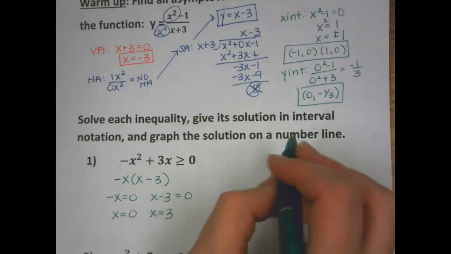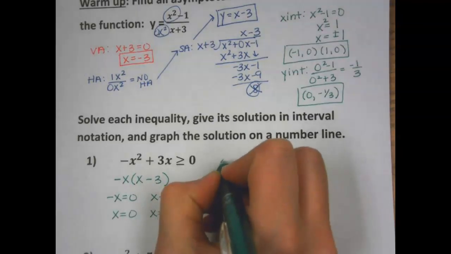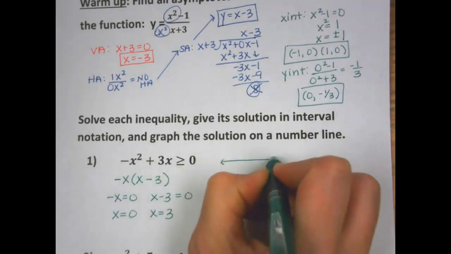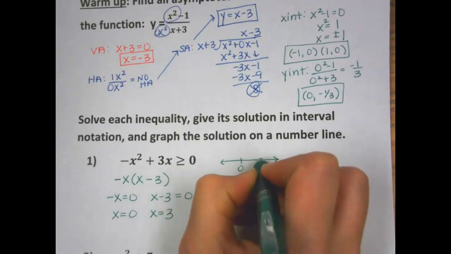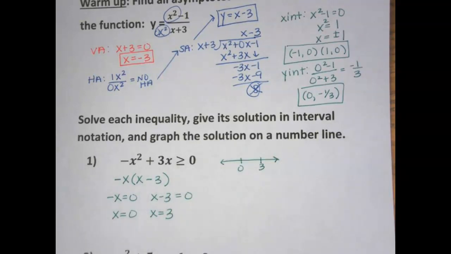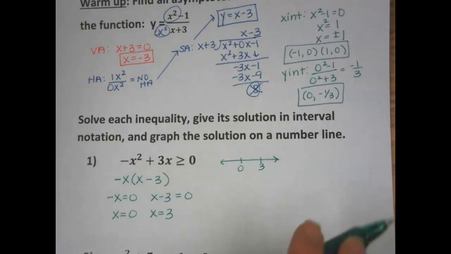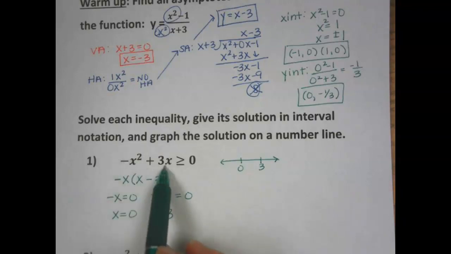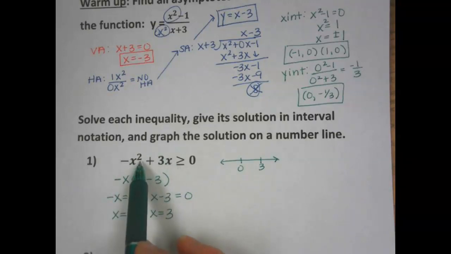All right, we're going to take those 2 answers and we're going to put them on our first of 2 number lines. And hopefully when you look at this function here on the left, you see the square. And you know that that makes a parabola.